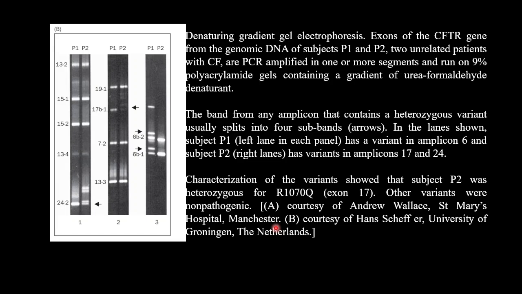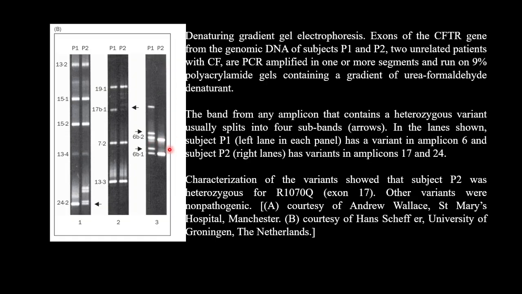For example, this is a clear example where you can see two patient samples of cystic fibrosis, and the PCR was done for exon numbers 6, 17, 24, and multiple exons. You can see patient number 1 is forming the homoduplex as well as the heteroduplex, because homoduplexes run faster.